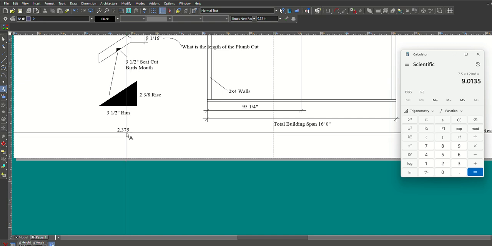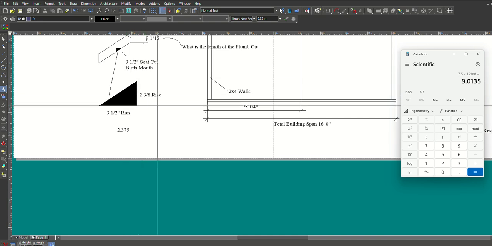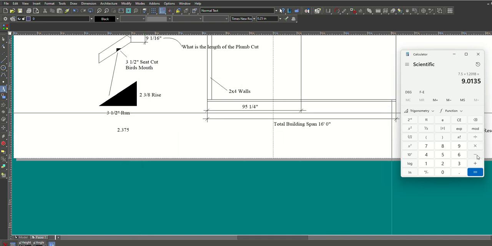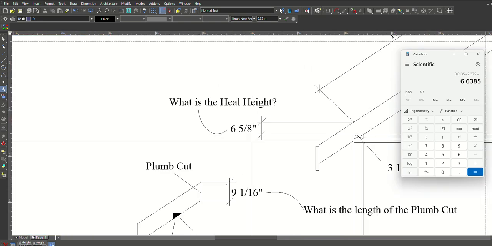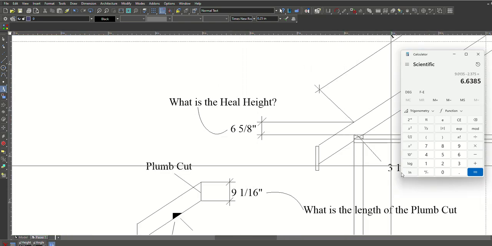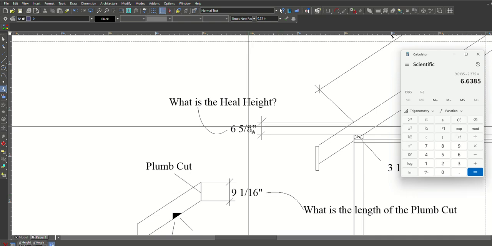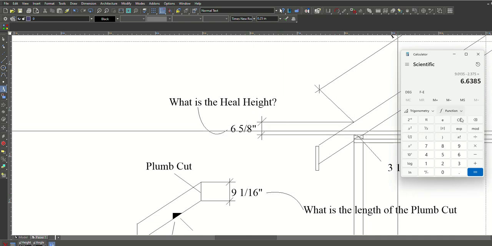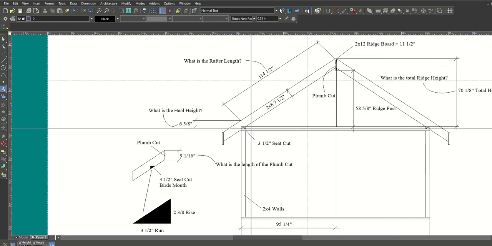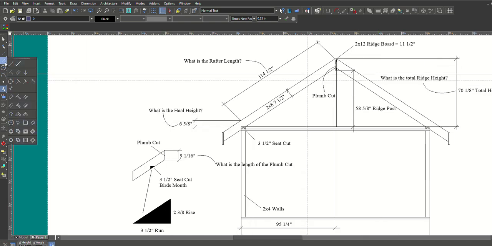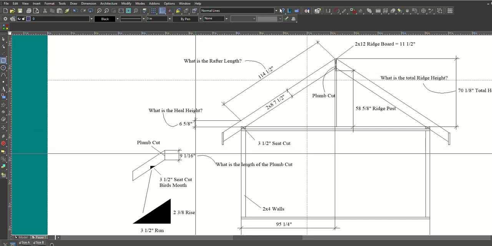So now I'm going to subtract this 2 3/8 number right here off of this number, and that will give me my heel height. Minus 2.375 gives me a heel height of 6 5/8. Heel height of 6 5/8. So now that I have the 6 5/8 heel height, there's a little rectangle at the bottom of this triangle.